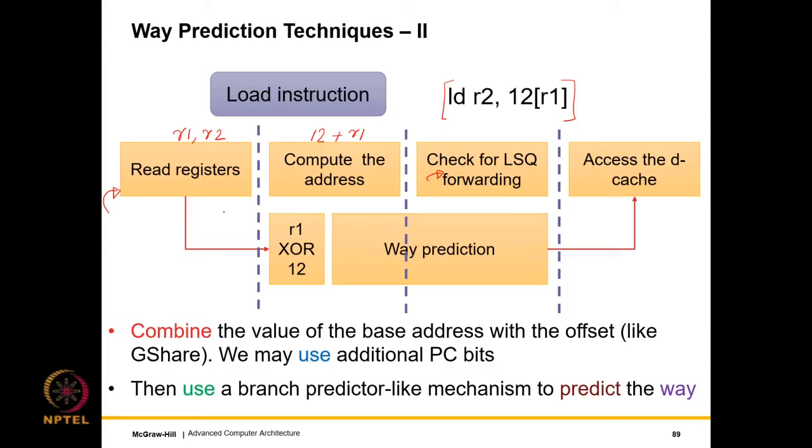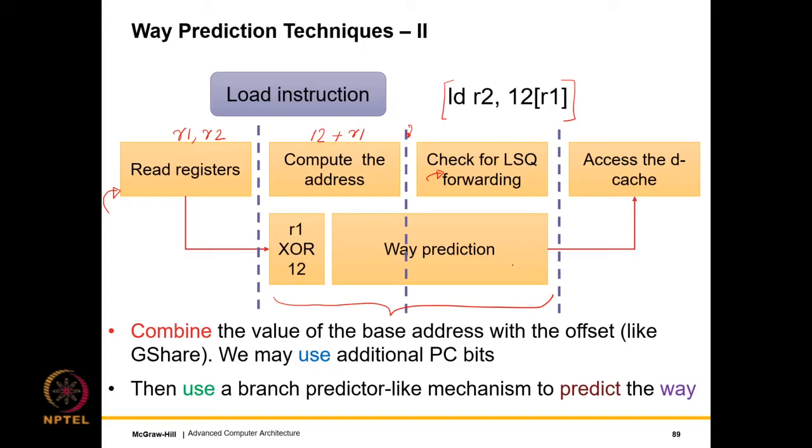So let us now look at an alternative timing where the time it takes to do way prediction is actually closer to 2 cycles than to 1 cycle. There we will see that if we have the address at this point of time, we cannot afford 2 cycles to do the way prediction and then access the D cache, so that will not be possible.